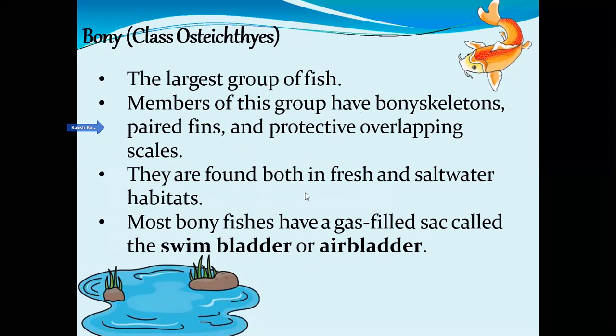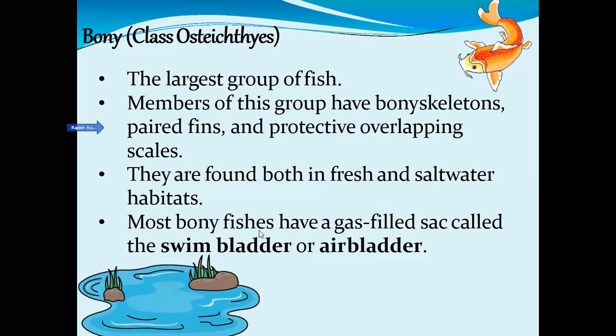They are found both in fresh water and salt water. Fresh means river water, pond water, and salt water means in ocean, in sea, because in the ocean there is salt. Due to salt, the water is salty, and in that salt water these bony fishes live.